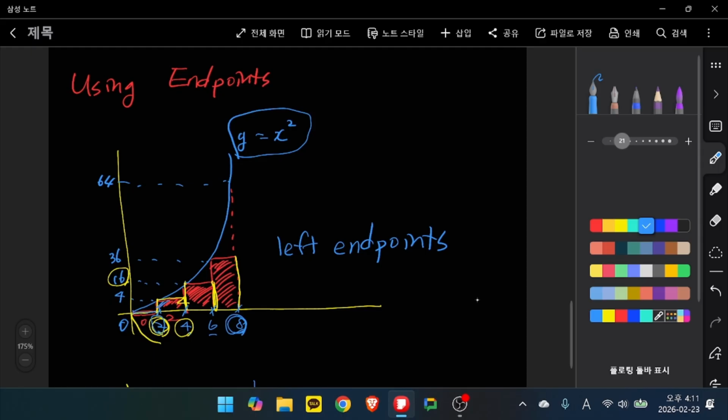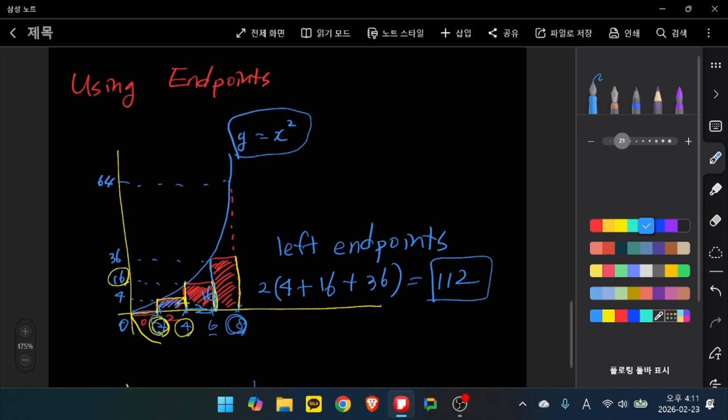And this rectangle, the length is 2, so 2 times the height is 4. This is 2, the height is 16. This height is 36.